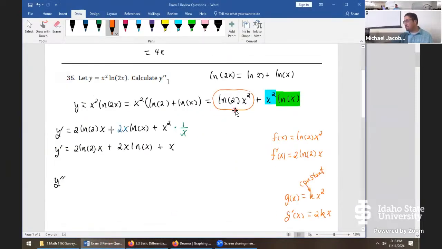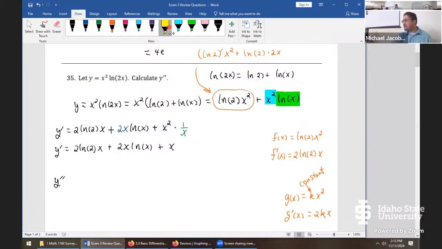But another way to think about this one is, you could have used the product rule right where that orange is. If you use the product rule right here, this is what it would look like. You would first differentiate natural log 2, then you would go plus, copy in natural log 2, then differentiate your x squared to get 2x.